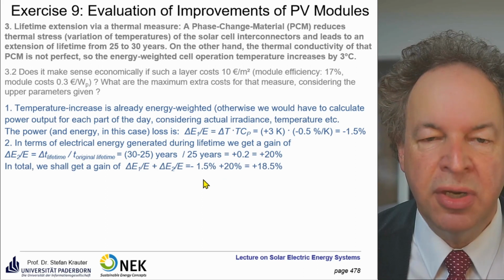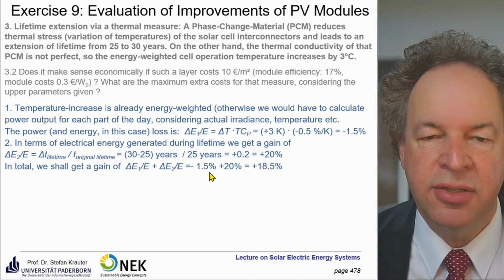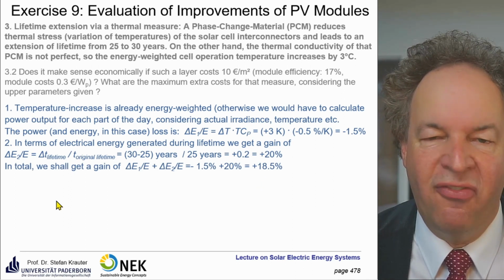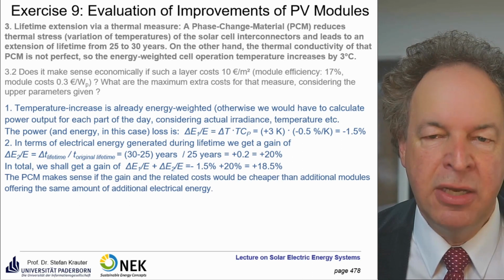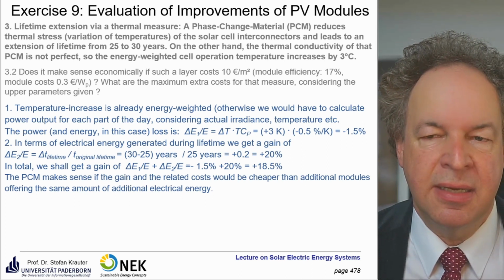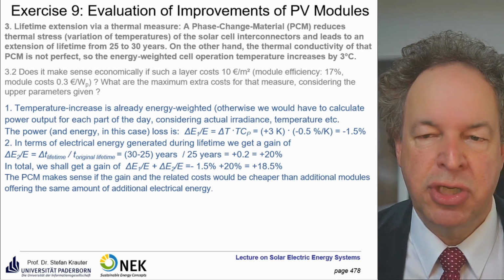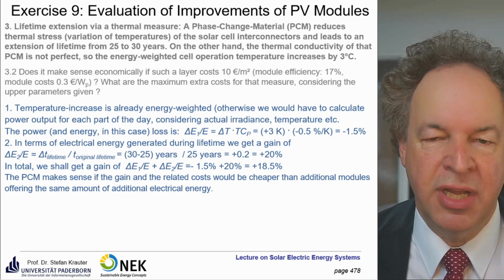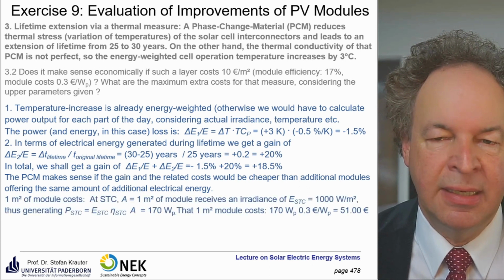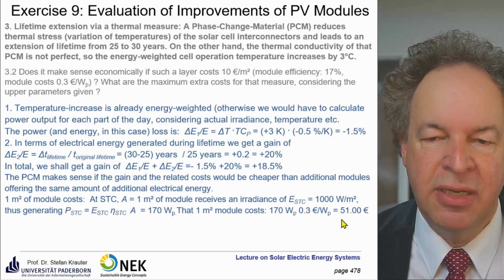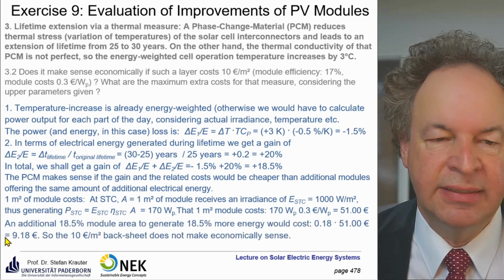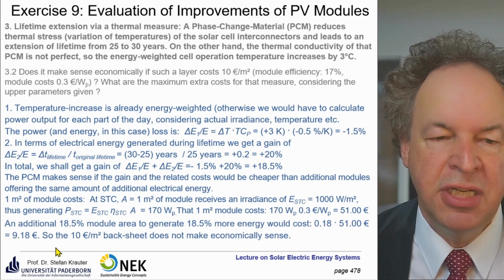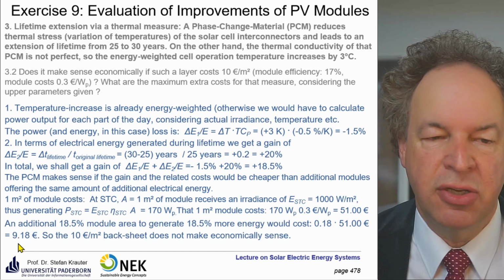If we consider the losses here are due to the higher temperatures, then altogether we got a gain of still 18.5%. And in order to compensate that, in the original configuration we should add 18.5% of modules, and these modules cost 51 euros per square meter, so 18.5% more energy would increase the cost by 9.18 euros per square meter.